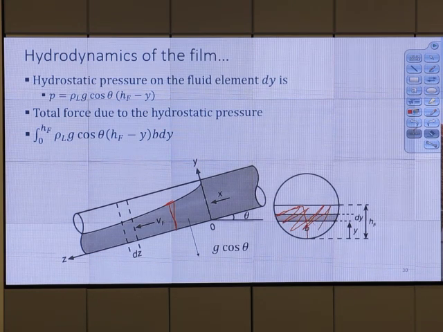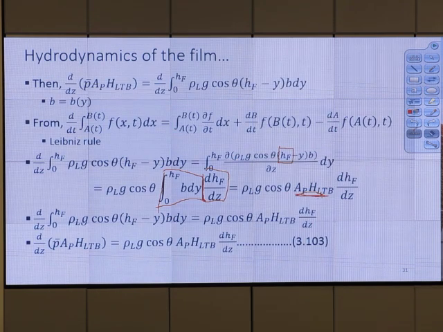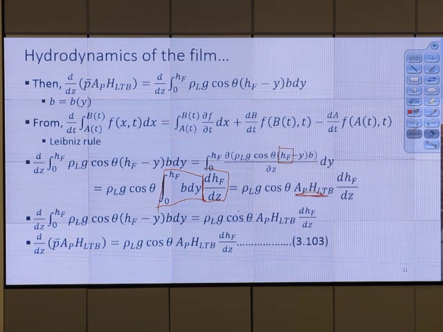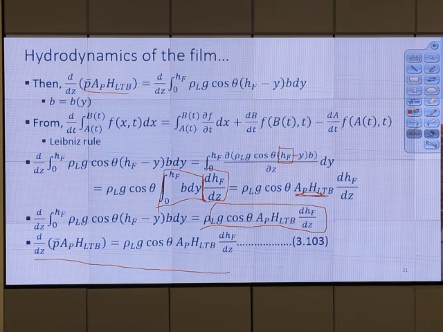Film area is AP multiplied by HLTB, which is that one. Okay. So now we know that d by dz of that hydrostatic head term equals rho g cosine theta something something something. And we put it here, equation 3.103.